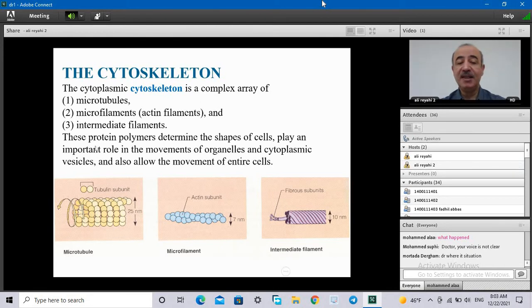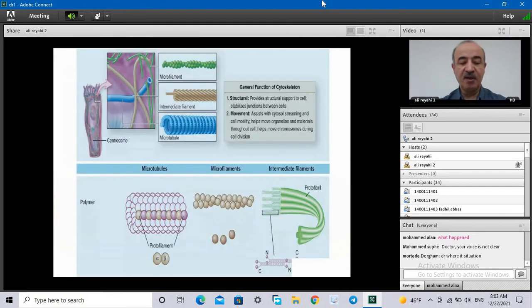So the protein polymers, the cytoskeleton proteins, determine the shapes of cells, and the cytoskeleton plays an important role in the movement of organelles and cytoplasmic vesicles. It also allows the movement of entire cells. So the cytoskeleton is important within the cytoplasm of the human cell.